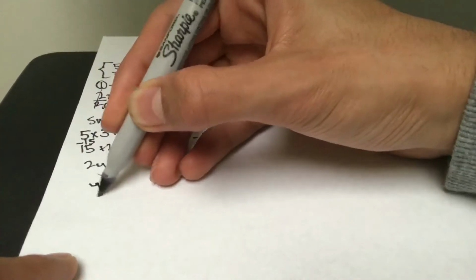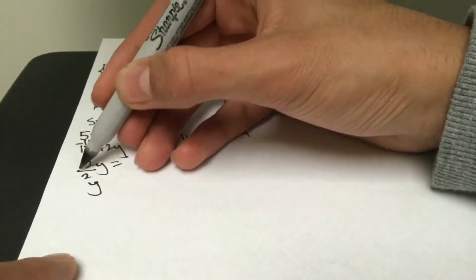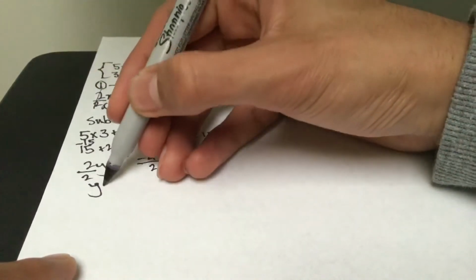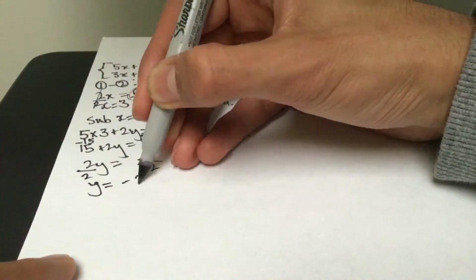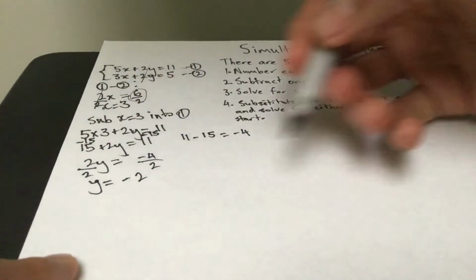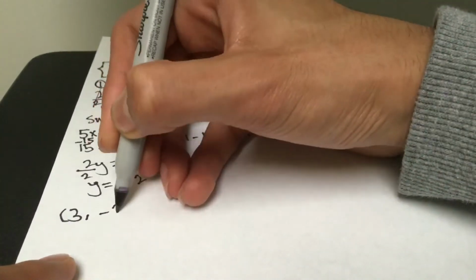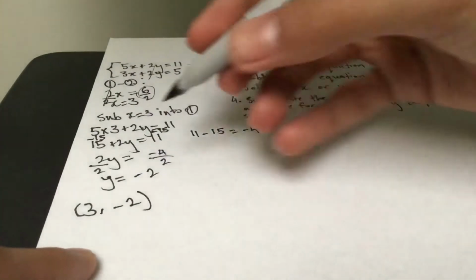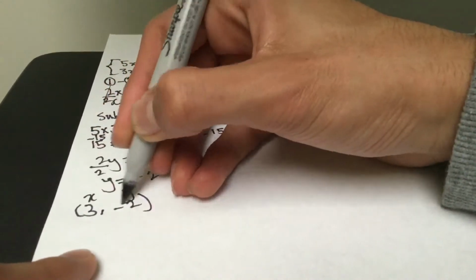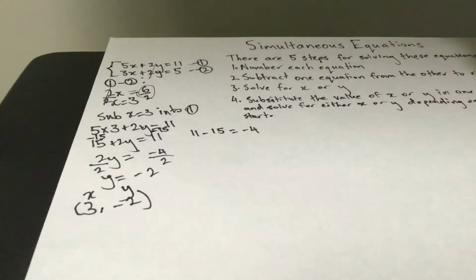Same thing, we divide by 2 to get rid of the 2, and we do it for both sides, and we're left with minus 2. So now our coordinates are going to be 3 and minus 2. This is for x, this is for y. So now we've solved a simultaneous equation.